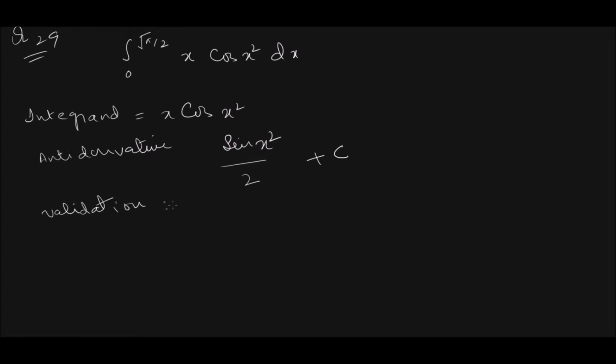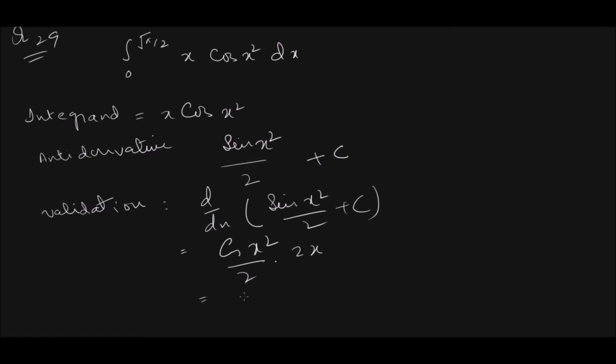So in the validation step, we just need to differentiate this to see if we get the integrand function. So d by dx of sin x square over 2 plus c, where c is a constant, is equal to cos x square over 2 into the derivative of x square, which is 2x, and this is equal to x cos x square.